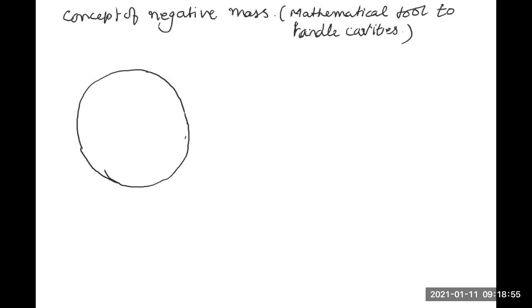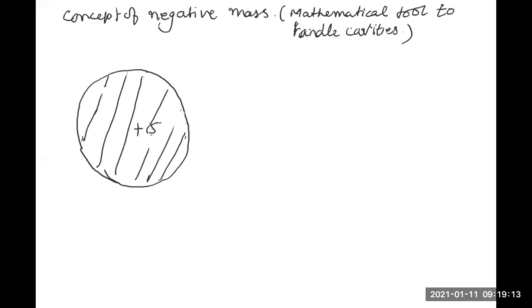We have one solid disk of mass density plus sigma. I'm using sigma because we are dealing with a flat surface.